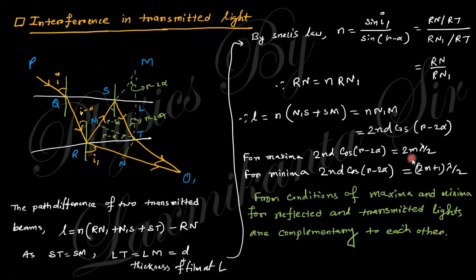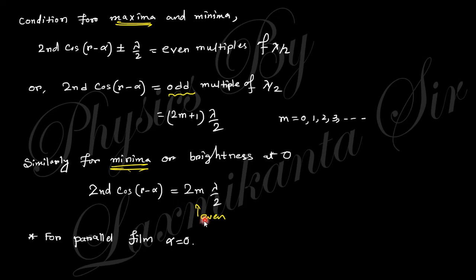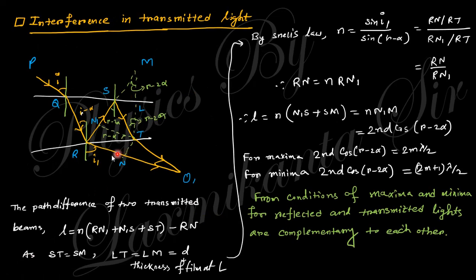So the maximum value will be at even multiples and minimum at odd multiples. But here you can see maximum is odd and minimum is even multiple, because of the additional phase difference. There is an additional phase difference of pi due to reflection from rarer to denser medium, but there is no such reflection here.